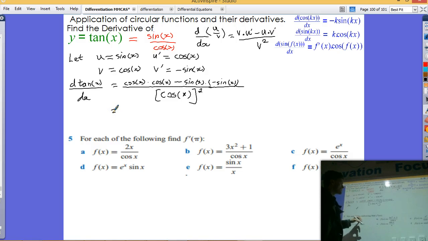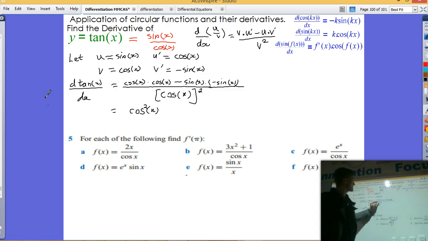With these circular functions, it's good to be able to simplify them, particularly when we're squaring. So cos times cos, same thing, I can write as cos squared of x, and that's the notation we can use. We can put the square just above here in the cos. Okay.